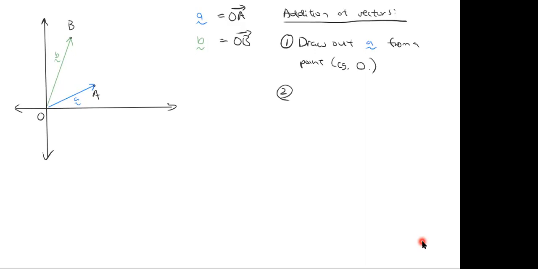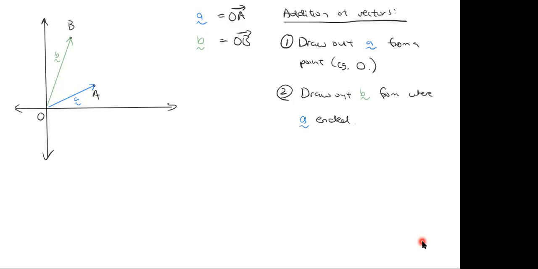And so A will go somewhere, right? And then after that, you draw out B, and importantly, from where A ended. In other words, you draw from the end of the arrow.